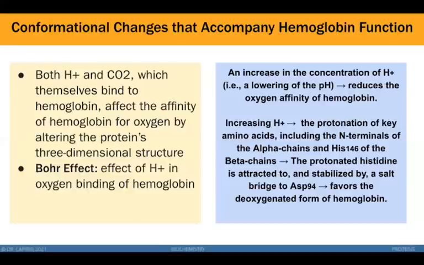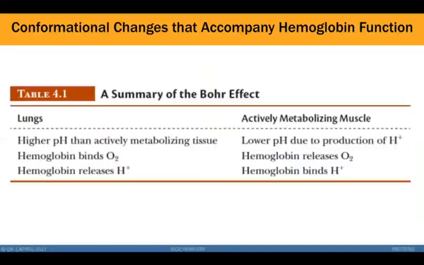If a hemoglobin molecule passes through that region, oxygen is easily released from the hemoglobin, because the deoxygenated form of hemoglobin is favored, or the affinity of that hemoglobin to oxygen is lower. So there will be easier release of oxygen at that region. Okay, so this is a summary of the Bohr effect.